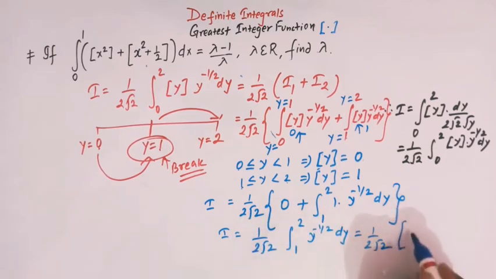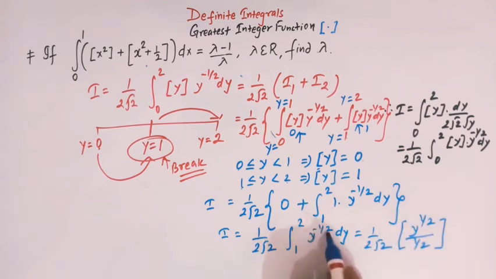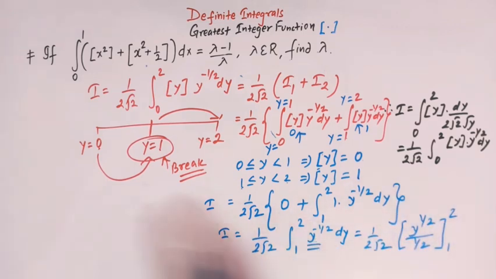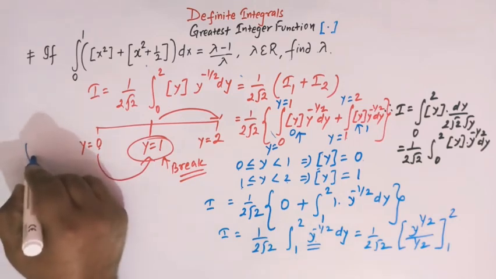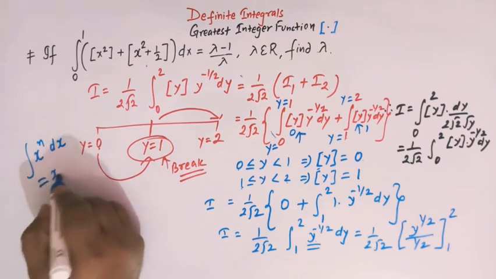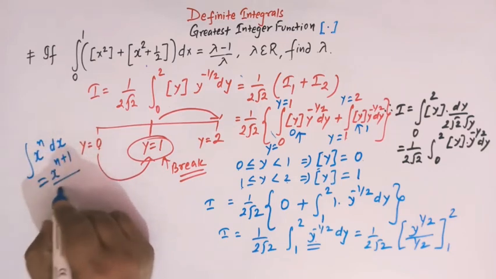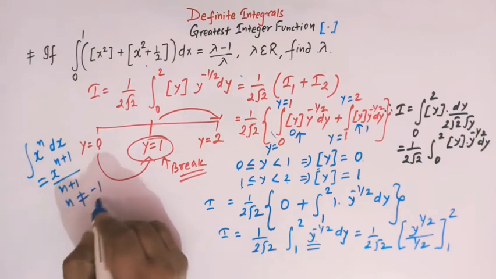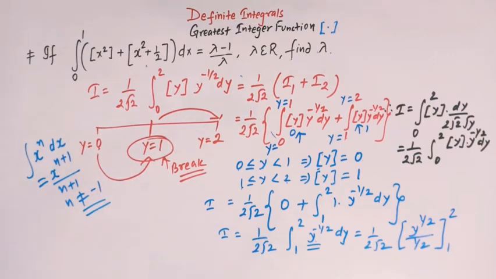So the integral of y raised to minus half is y raised to half over half, and limits are from 1 to 2, right? So here we have applied the rule, that is the integral of x raised to n dx is x raised to n plus 1 over n plus 1, provided n is not equal to minus 1, right?